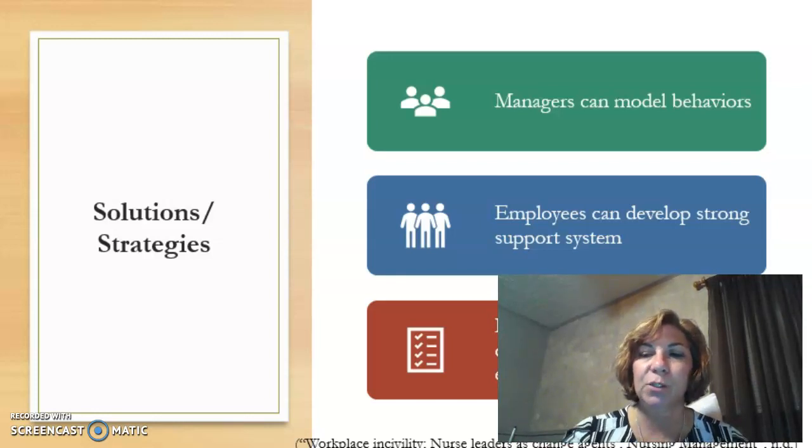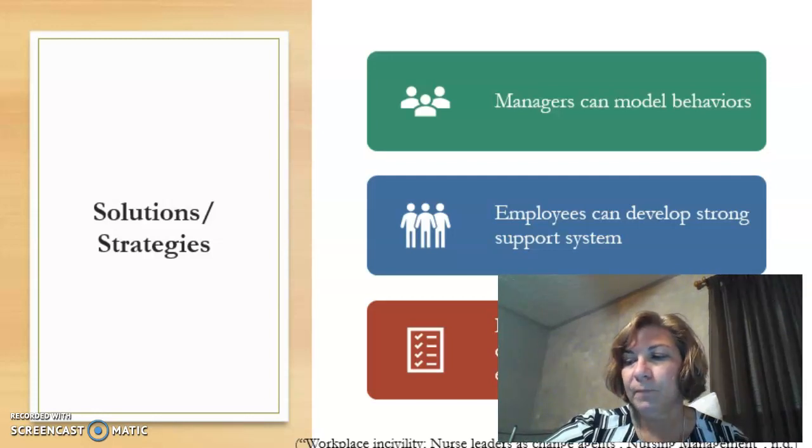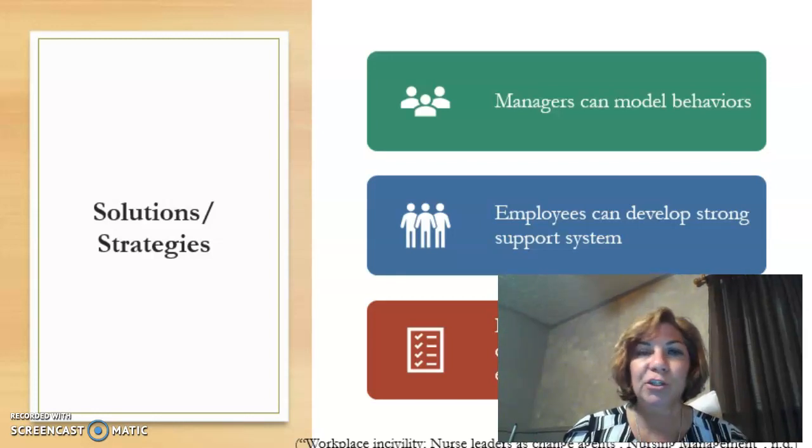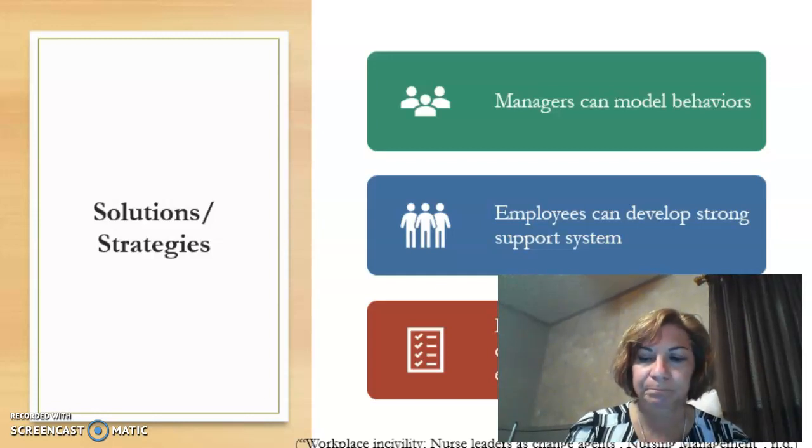We really want the message to be that there is going to be no tolerance. If you are a victim, you want to document your incidents. Managers should investigate and take all concerns seriously, and then have that zero tolerance policy where they hold staff accountable, give consequences, and pursue any corrective action as needed.